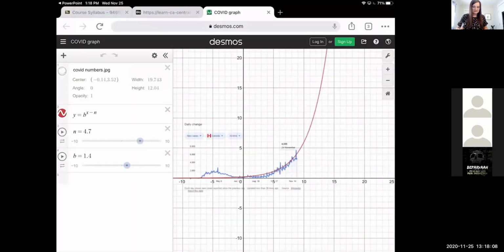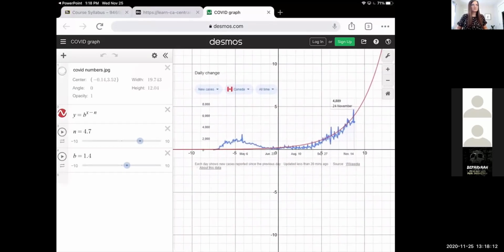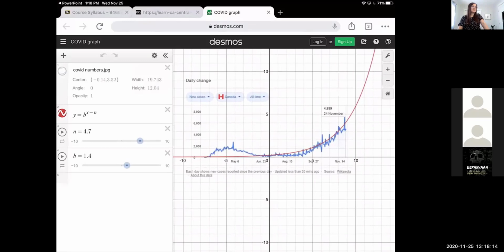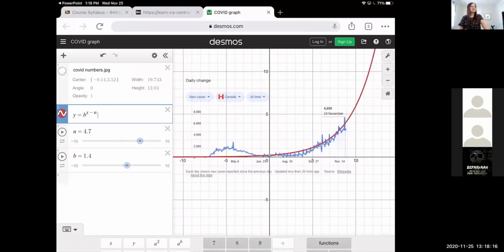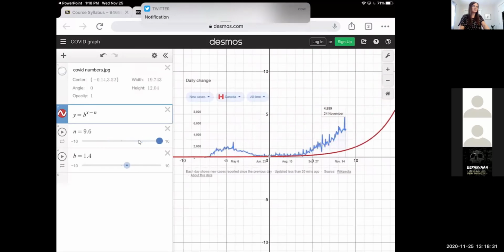I laid this on a Desmos graph here, and I just chose the general function y equals some b for base to the power of x, and then I wanted to shift it over. And so see how if I move this, it's just shifting left to right.